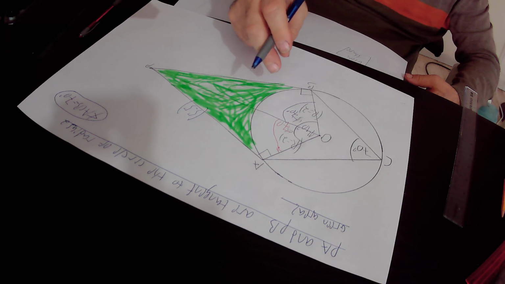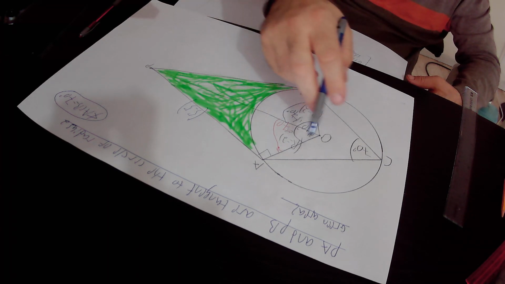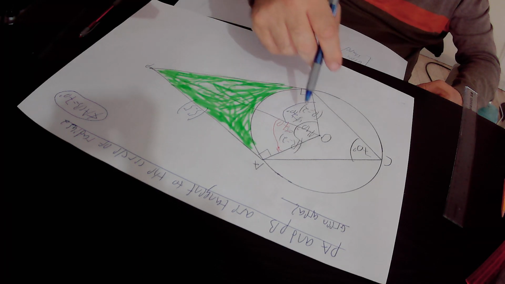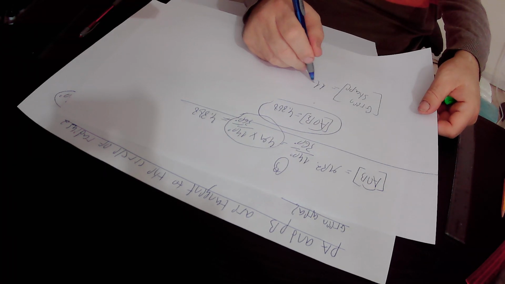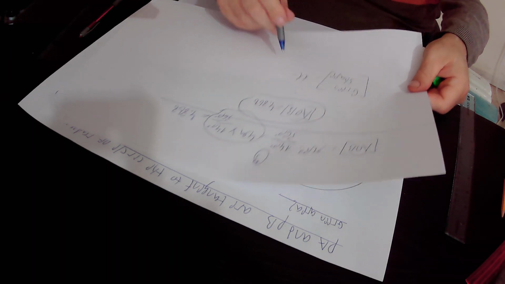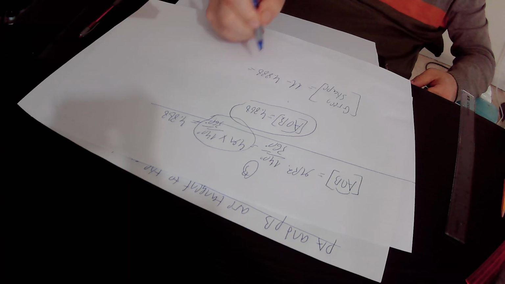This is actually the sum of the areas of those two right triangles, and we already found out that the sum of their areas, which is also the area of the quadrilateral AOBP, equals 11 square units, minus the area of sector AOB that we just found, 4.888 square units.